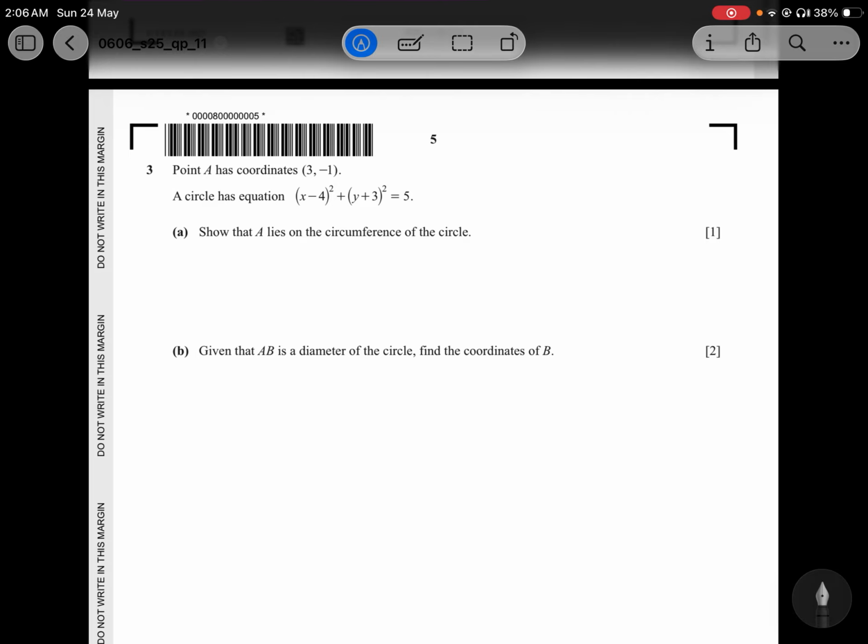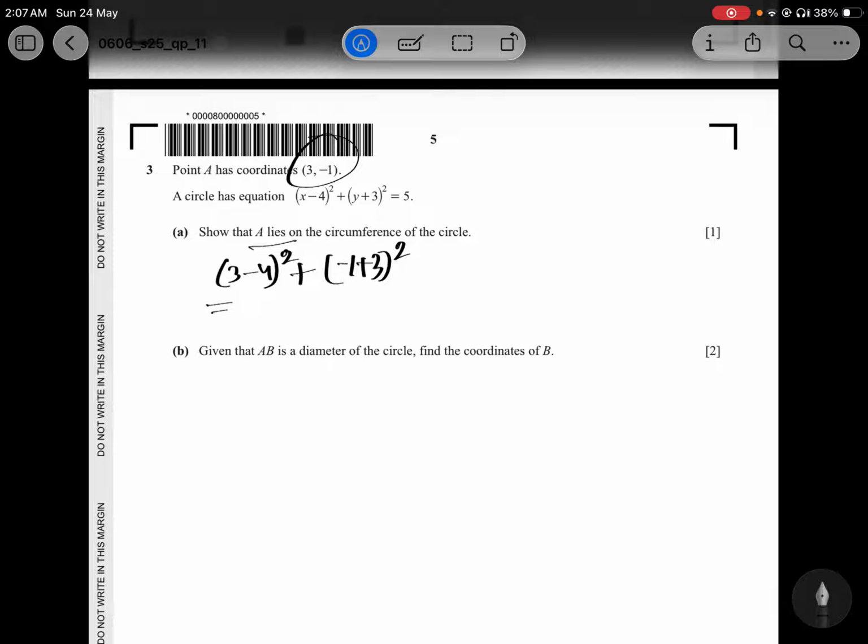Okay, now question number 3. A point has coordinates 3 comma minus 1. The circle has the given equation. Show that A lies on the circumference of the circle. I just have to input the value of x and y. Okay. So here 3 minus 4 whole squared plus y value is negative 1 plus 3 whole squared.